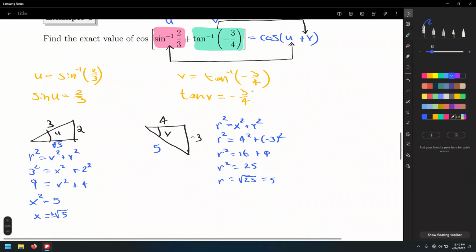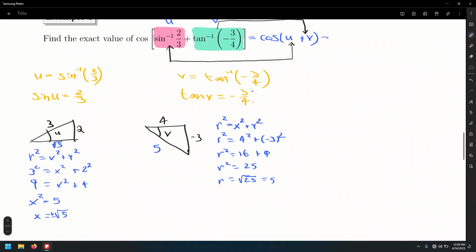All right, so that is cosine of u plus v, that's cosine u cosine v, minus, the plus becomes a minus for the formula, sine u sine v. And that equals, in accordance with our setting here, let's go with the u angle. Cosine of u is adjacent over hypotenuse, that's the square root of 5 over 3.